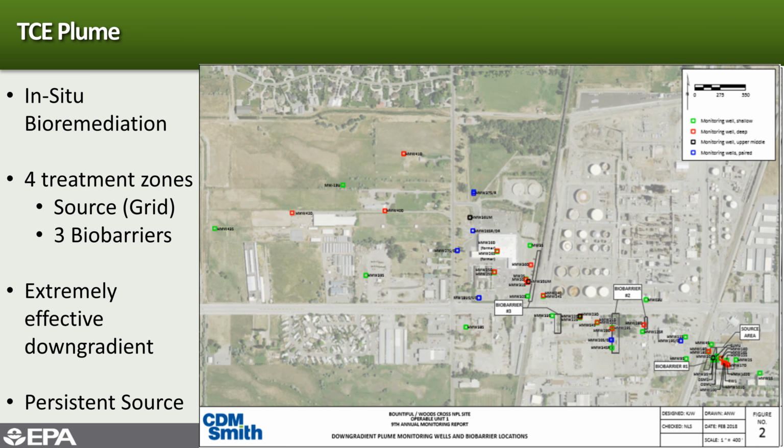But there continues to be a persistent source right here in the source area, and actually some high-resolution site characterization data has shown a couple of zones further down gradient that also have been targeted for some in situ fracking and placement of an iron slurry to further stimulate that reductive dechlorination.